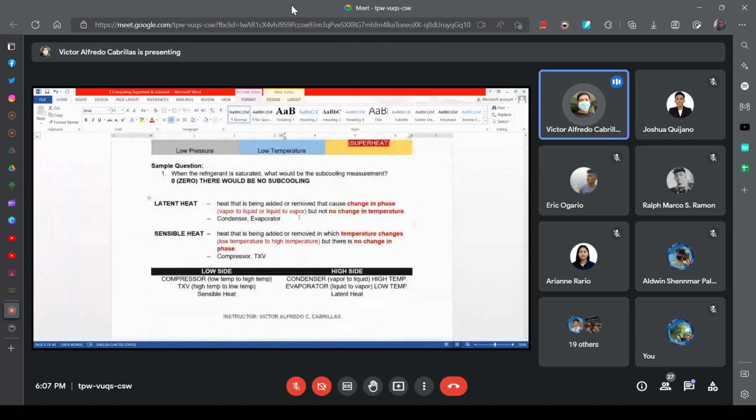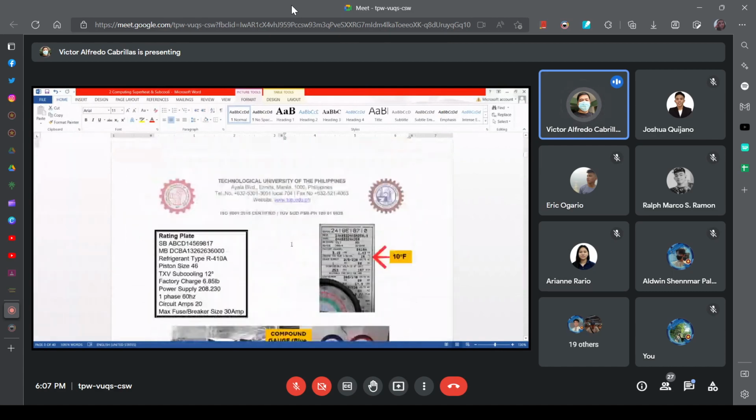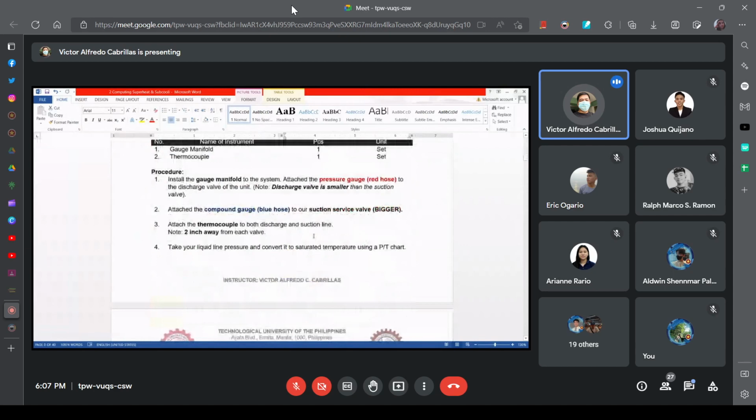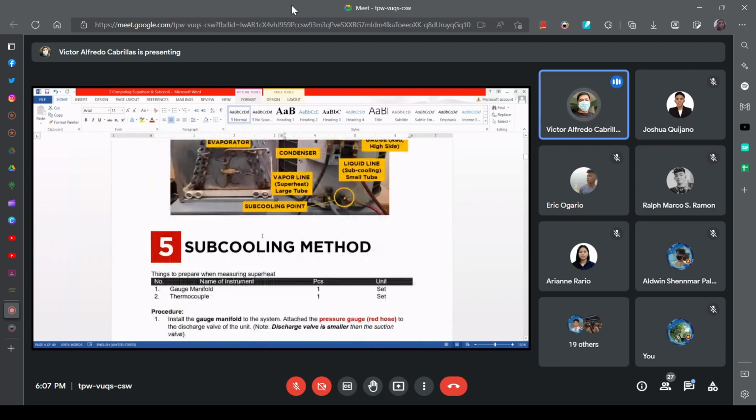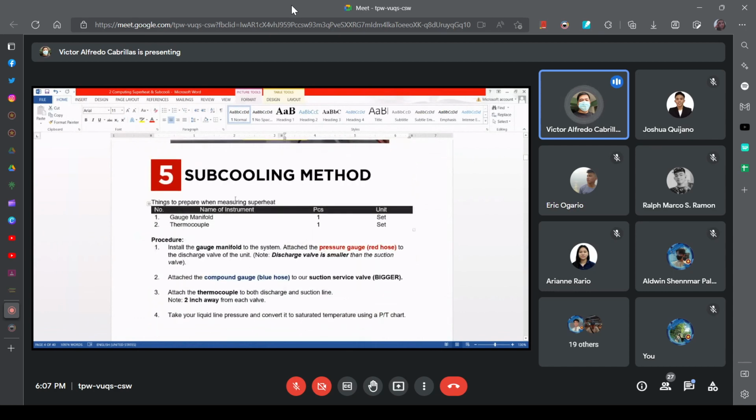Sige, try natin ha. Hindi natin uubusin talaga totally. What's important is naiintindihan nyo yung superheat and subcooling. Ayan. So, siguro next time na tong subcooling method kung paano chine-check. Madali lang naman to.